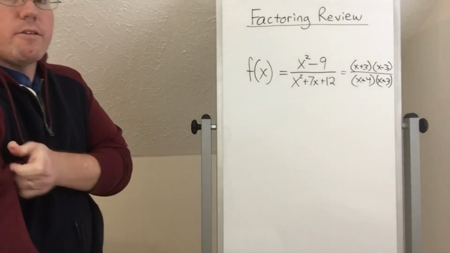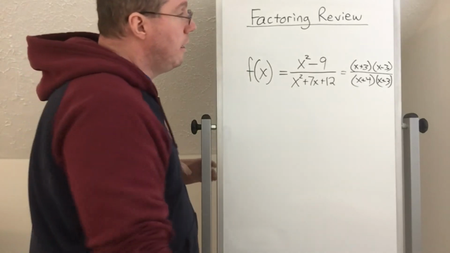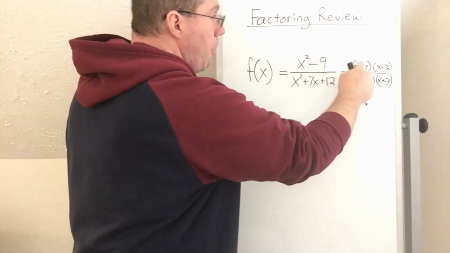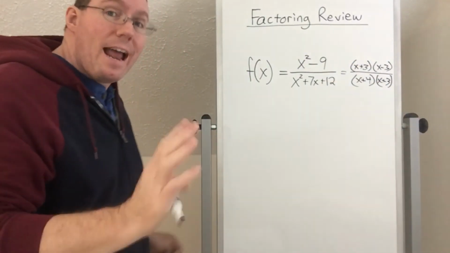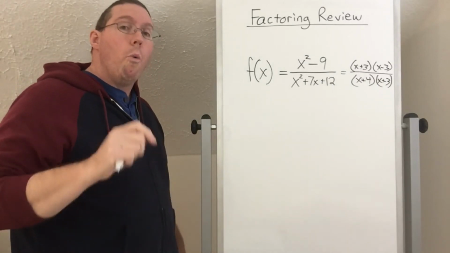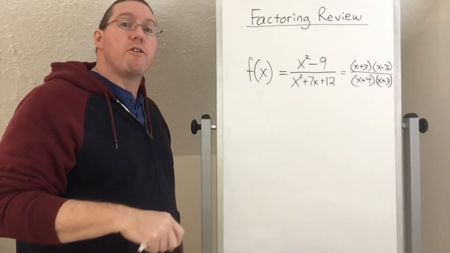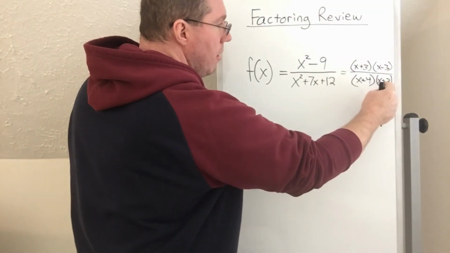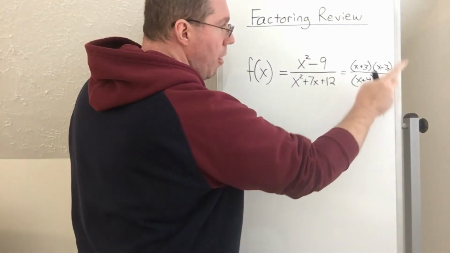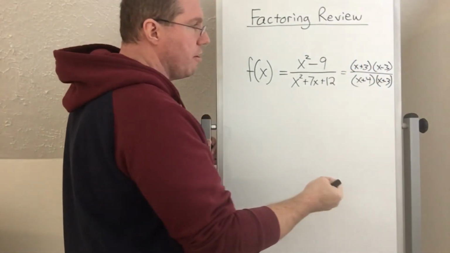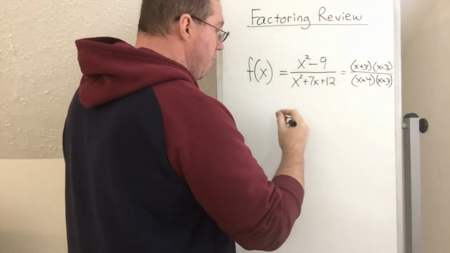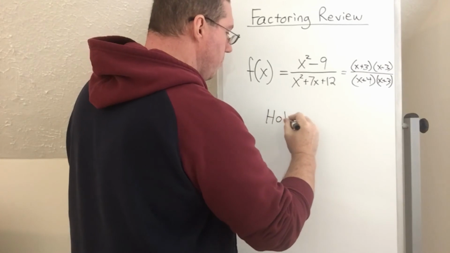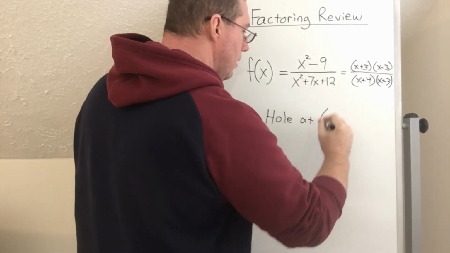And now we can clearly see that the numerator and denominator both have an x plus 3, and that indicates to us what the x value is that is going to cause the hole. The number that plugs in to x here and makes this 0, and if it's plugged in here it makes it 0, that is the x value of our hole.